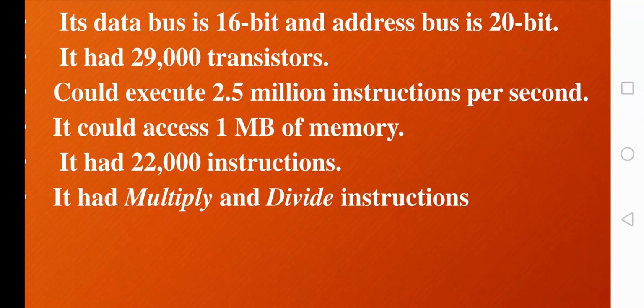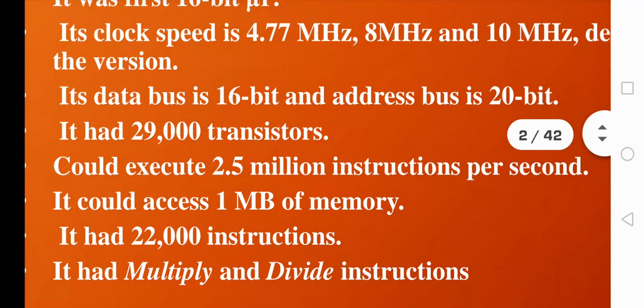Some of the points listed in this slide need to be memorized. The other things are simply specified for your awareness. You just have to know the basic properties of the 8086 processor. That's all.